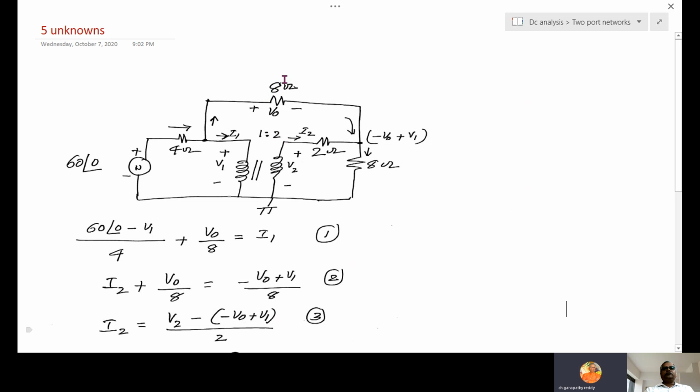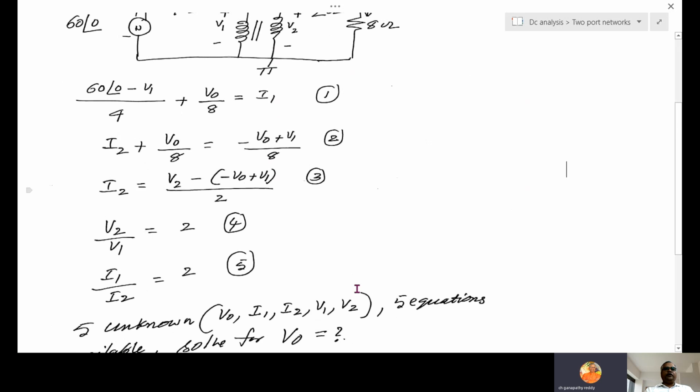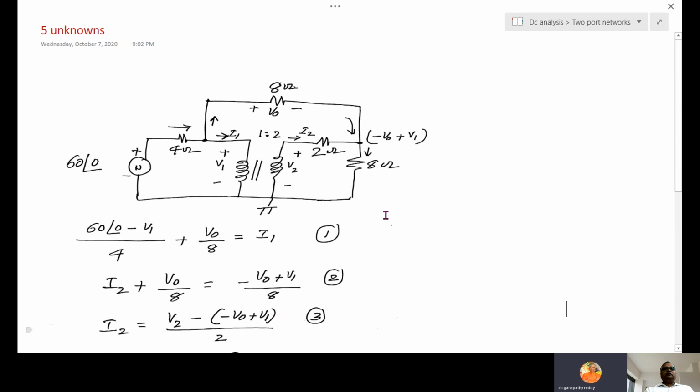So here an 8 ohm resistor is connected. Here there is one 8 ohm resistor. Turns ratio 1:2. Okay. Here it is a 5 unknowns problem. So find V naught. Your question is to solve for V naught. So V naught is across the 8 ohm. How to solve this?